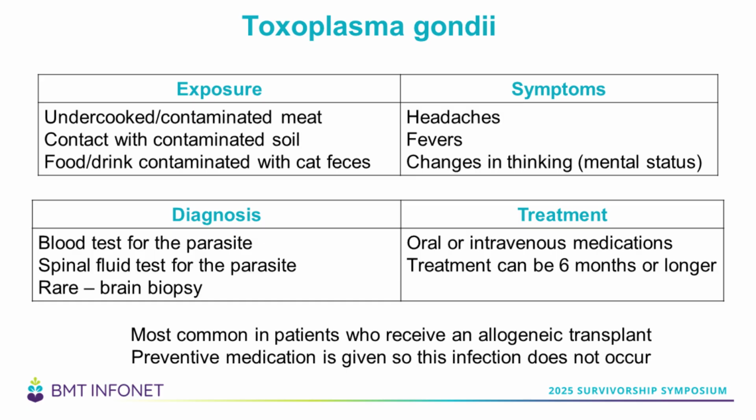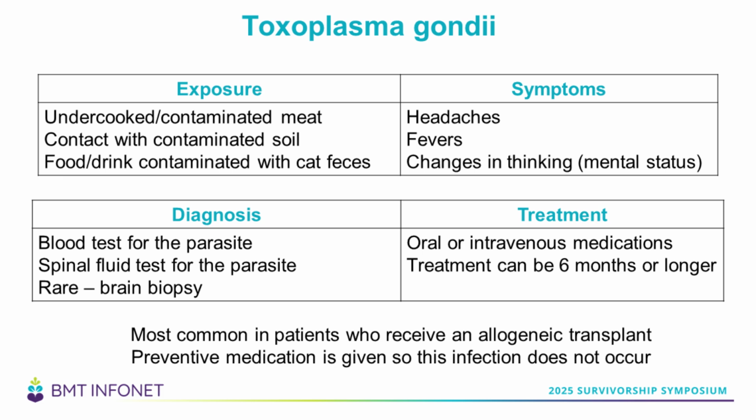The diagnosis for this infection can be done via a blood test for the parasite, a spinal fluid test if your team is concerned that it's infecting the brain, and rarely a brain biopsy is how this infection is diagnosed. And the treatment for toxoplasma infection is via either tablet or an intravenous set of medications, and the treatment can be 6 months or longer.